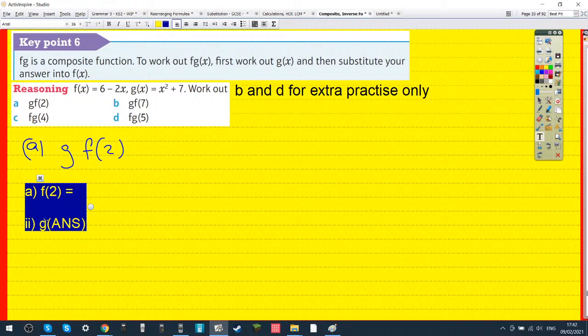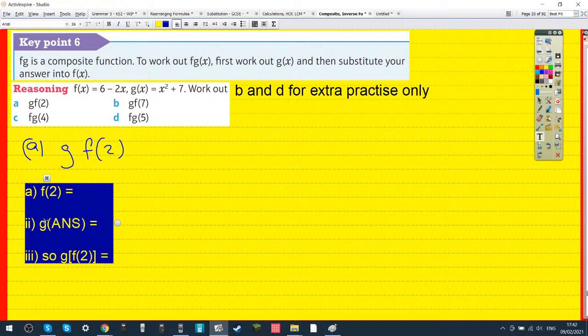Yep. And so what is the g of f of 2? So it is 6 minus 2 times 2 equals 2 squared plus 7.